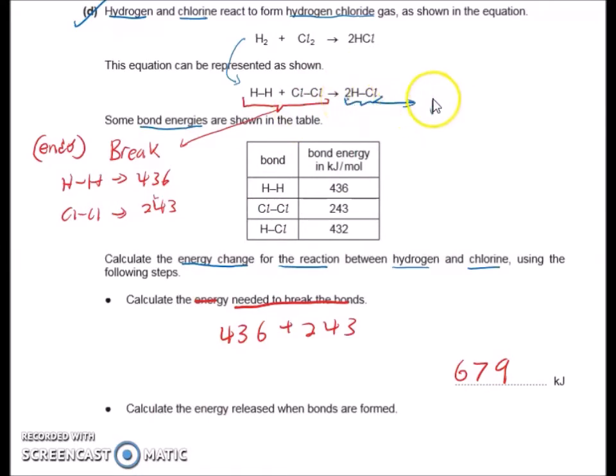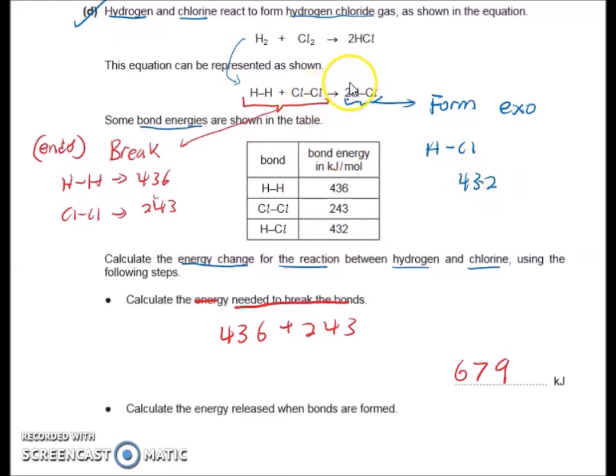If you look at the other side, this is forming. You have to form the bonds. When you form the bonds, you will release heat. Releasing heat is exothermic. H and chlorine, it requires the energy of 432.